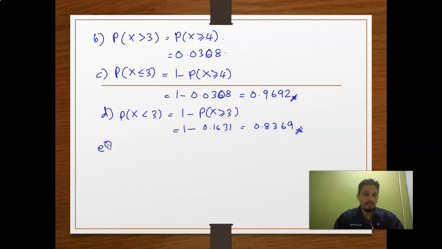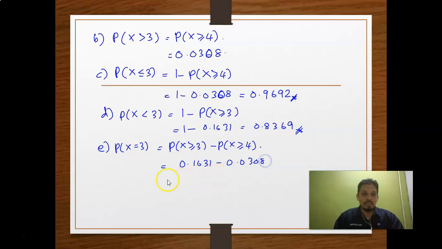And E, the probability of x equal to 3. It is the probability of x greater than or equal to 3 minus the probability of x greater than or equal to 4. It is 0.1631 minus 0.0308, equal to 0.1323. There you go.